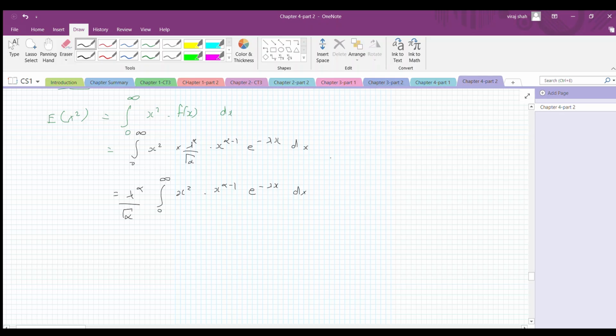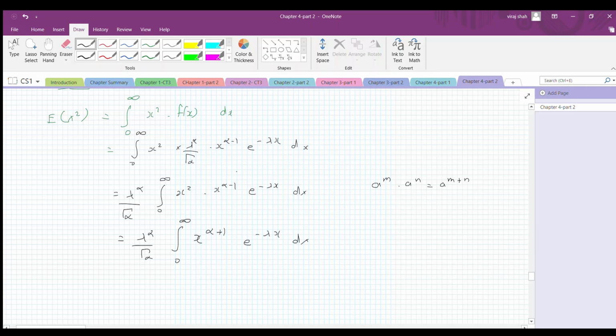What was my indices property? It was a raised to m into a raised to n is nothing but a raised to m plus n. So n is nothing but alpha minus 1, and alpha minus 1 plus 2 is alpha plus 1, e raised to minus lambda x dx.